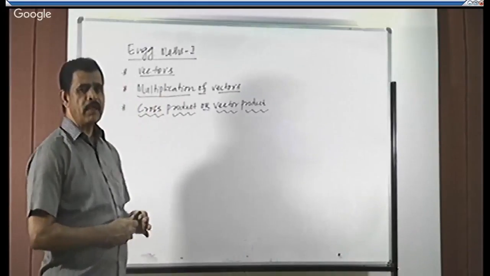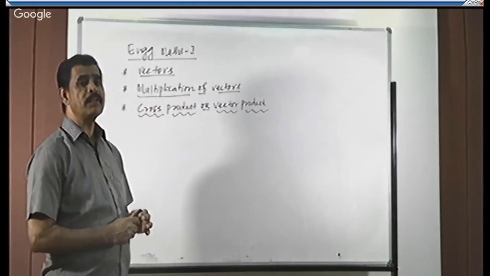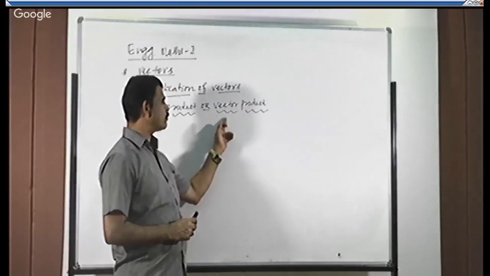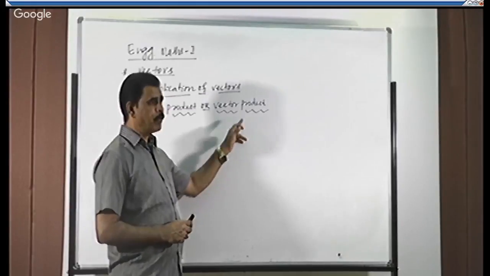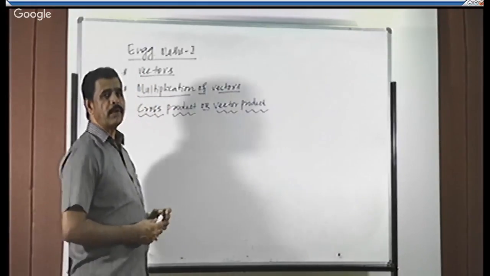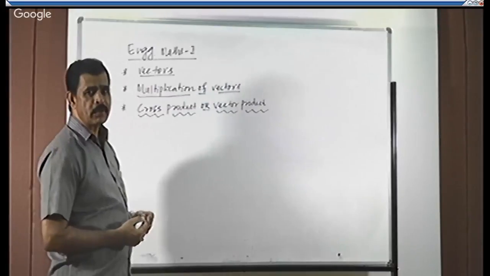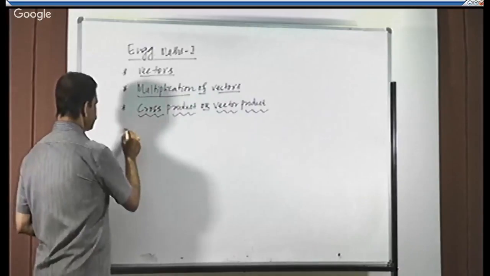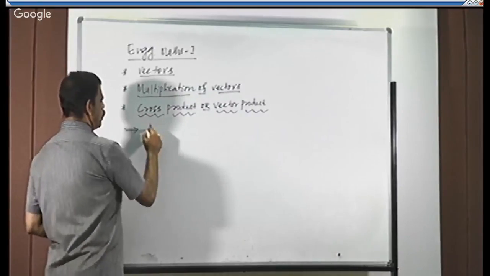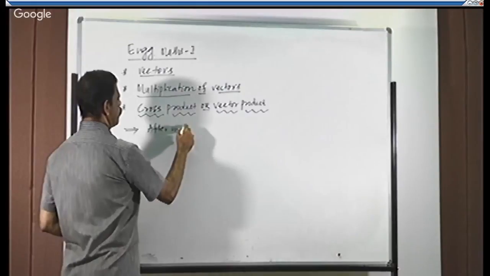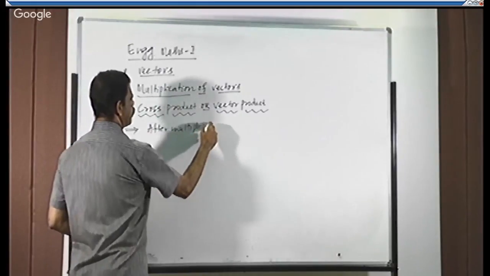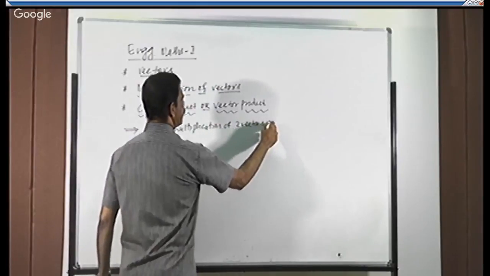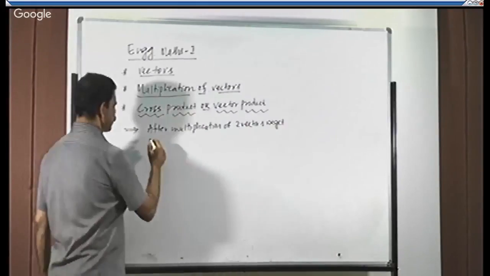When we multiply two vectors here, we always get another vector, so it is called the vector product, and it is denoted by the multiplication symbol cross.